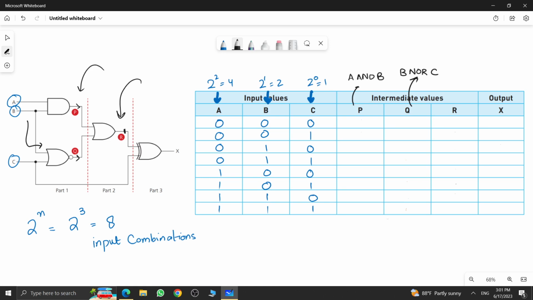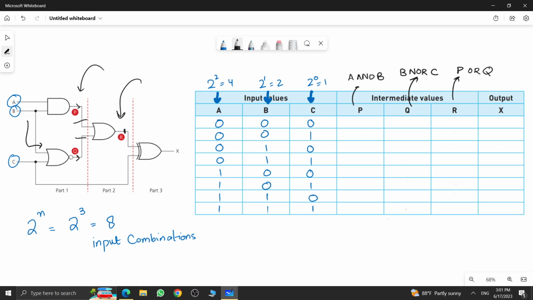Now R is the output of your OR gate and it is taking P and Q as input. So if I write that R is basically the result of P OR Q, then it will not be wrong. These are the functions that are applied in order to get P, Q, R.